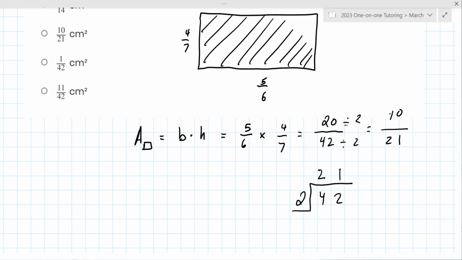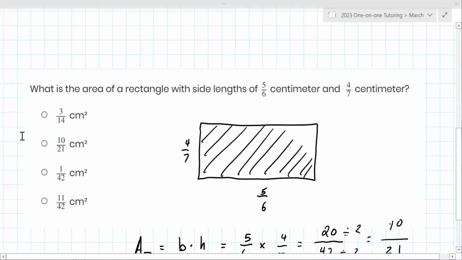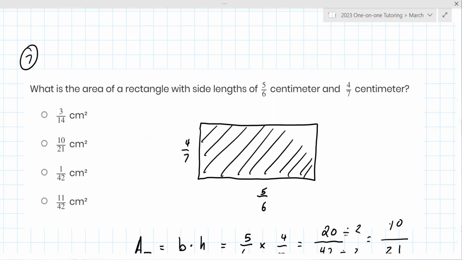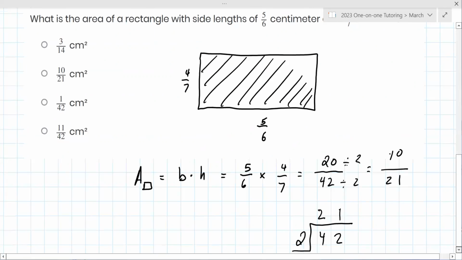All right. Let's take a look here at the next problem. This was number 7, by the way. Let me label that here in case you want to go back and look. Okay.